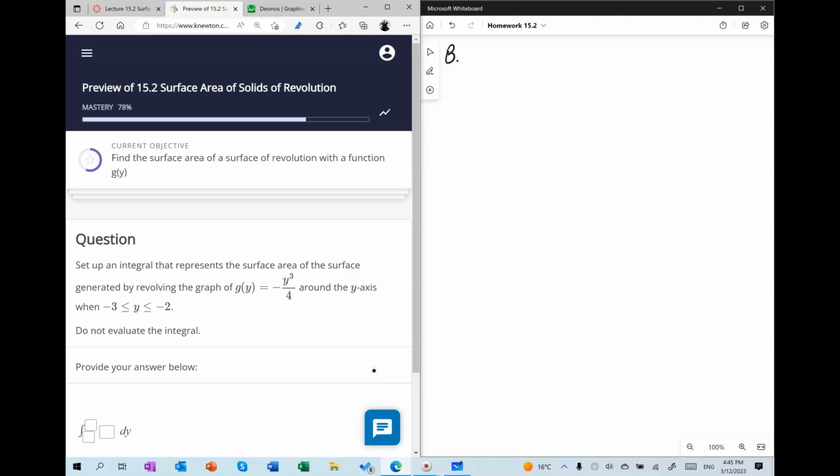Number 8 is very similar to the previous one, in the sense that we don't have to really think hard in terms of which interpretation to pick, because everything is given to us in terms of y.